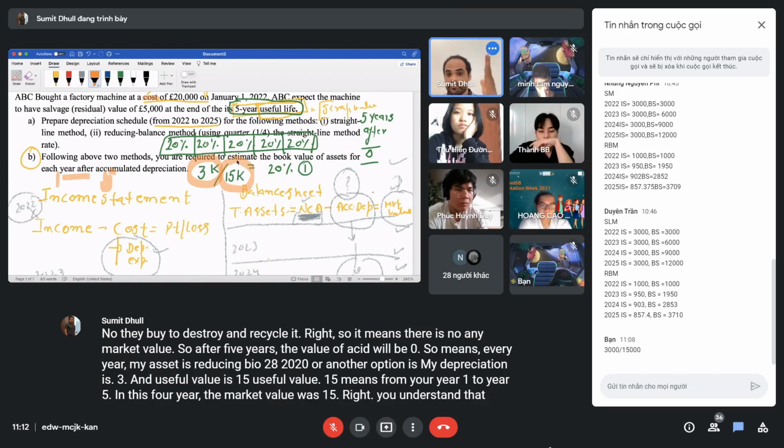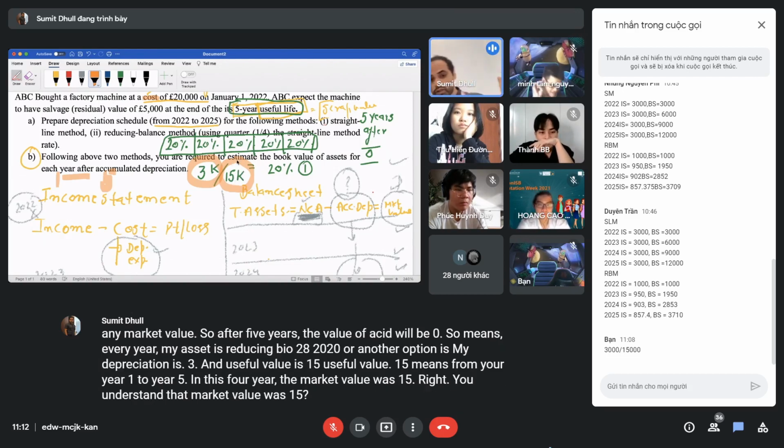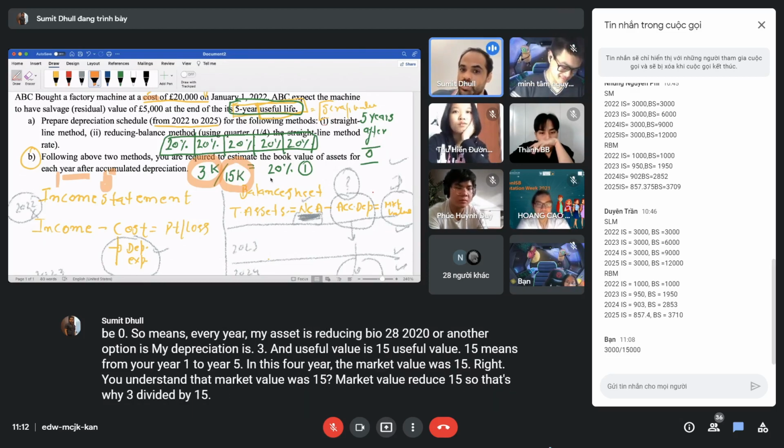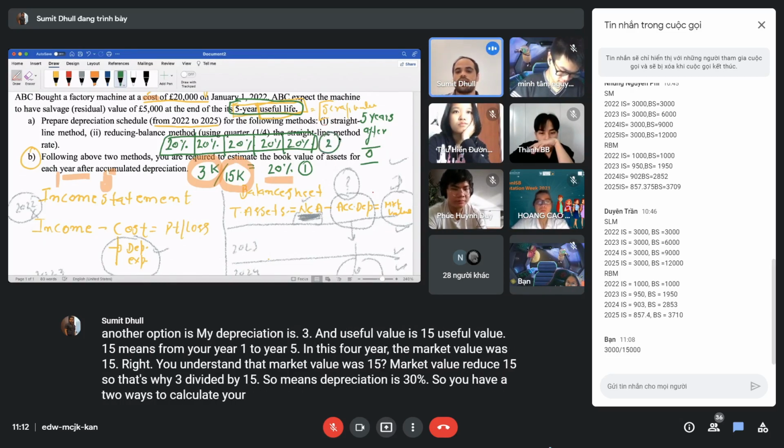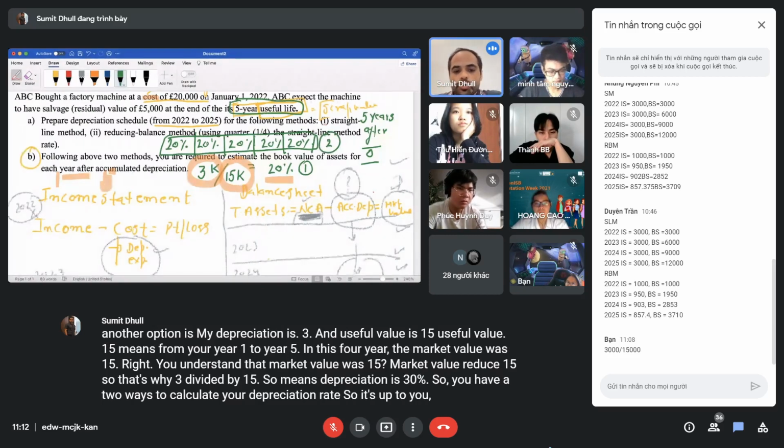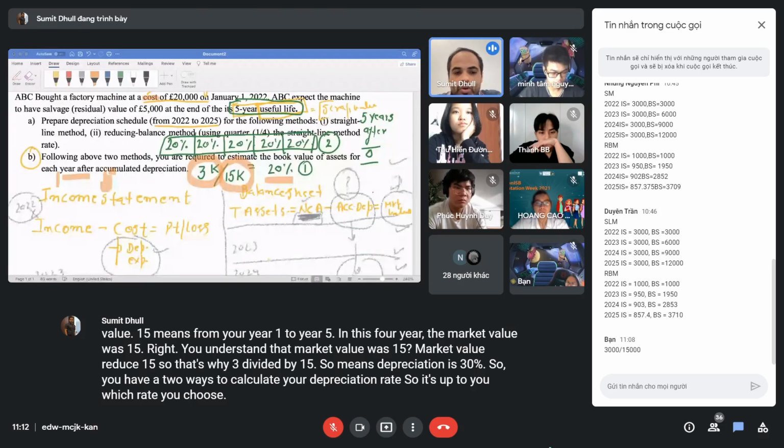So that's why 3 divided by 15. So depreciation is 20%. You have 2 ways to calculate your depreciation rate. It's up to you which rate you choose. Now you already have the depreciation rate, which is 20%.